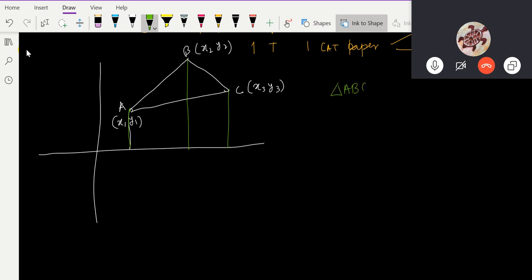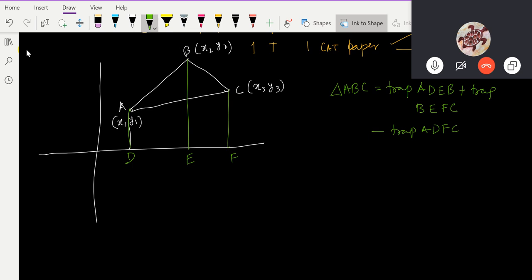Triangle ABC is equal to the trapezium ADEB plus trapezium BEFC minus trapezium ADFC. Tell me if you understand this.